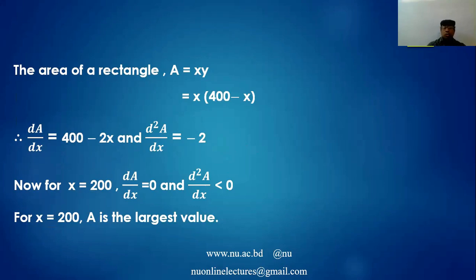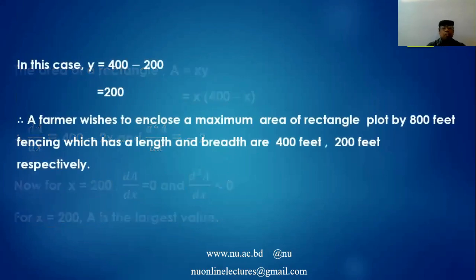So how do you find it? x is equal to 200, the largest value. So y should be 400 minus 200, it is 200.